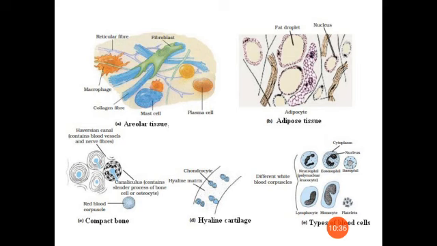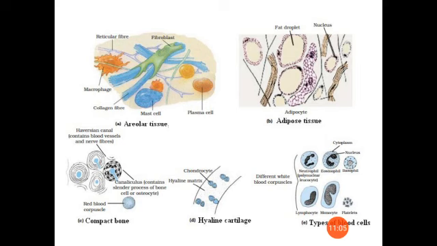Then, based on the nature of the matrix, there is fluid connective tissue and solid connective tissue. Blood, for example, has a fluid matrix known as plasma, and it is an example of fluid connective tissue. Under solid or rigid connective tissue, bones and cartilage come.